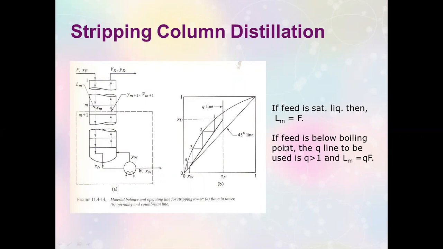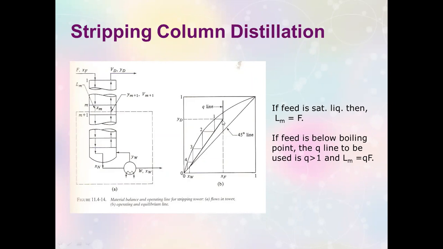Next, you could see that you have yD in here. Where is this yD to be taken? Remember that there is no more reflux liquid. So all of your vapor is fed to the condenser and converted into liquid.